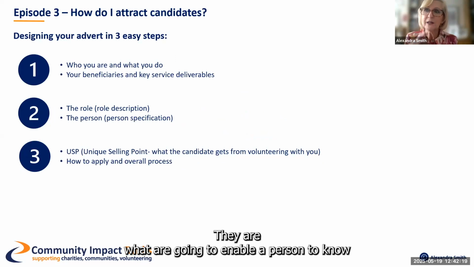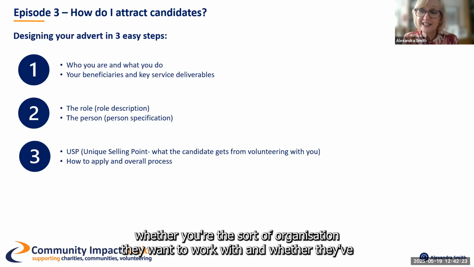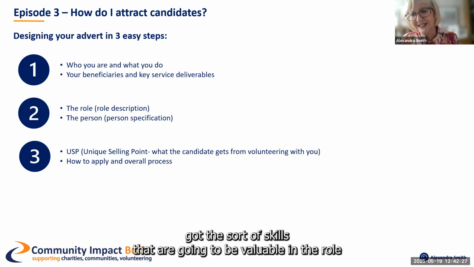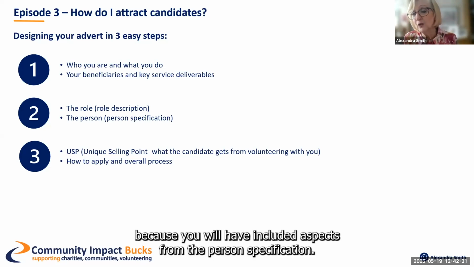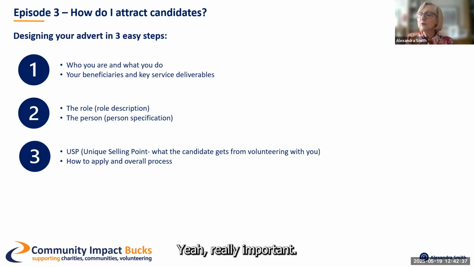They are what are going to enable a person to know whether you're the sort of organization they want to work with and whether they've got the sort of skills that are going to be valuable in the role, because you will have included aspects from the person specification. So it's really important.